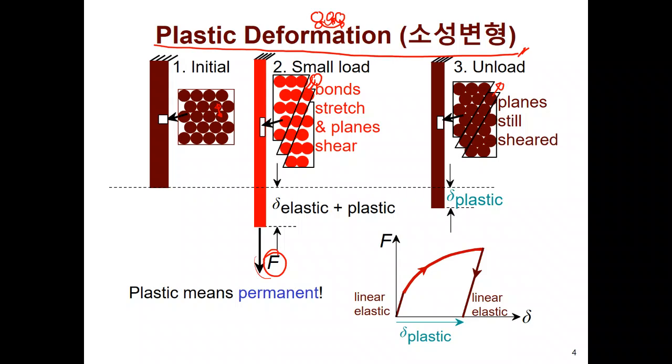Plastic deformation usually occurs with slip movement. It looks like a dislocation line or point, or an edge dislocation on surfaces. Dislocation is one of the main origins of plastic deformation.